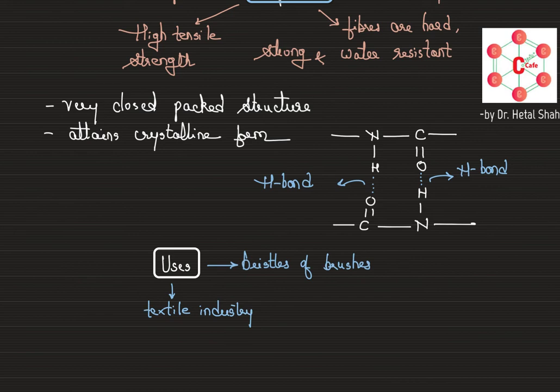And they're also used for making sheets. All this: sheets made from nylon, bristles of brushes, textile industries, etc. So nylon 6,6 is a very, very important copolymer which is formed by condensation polymerization.